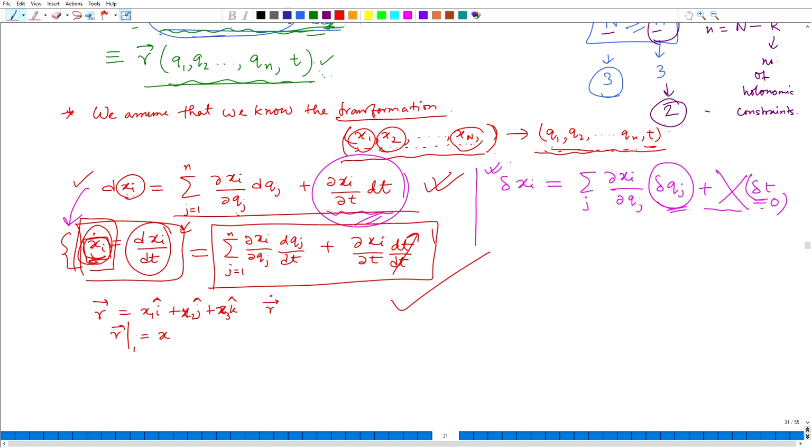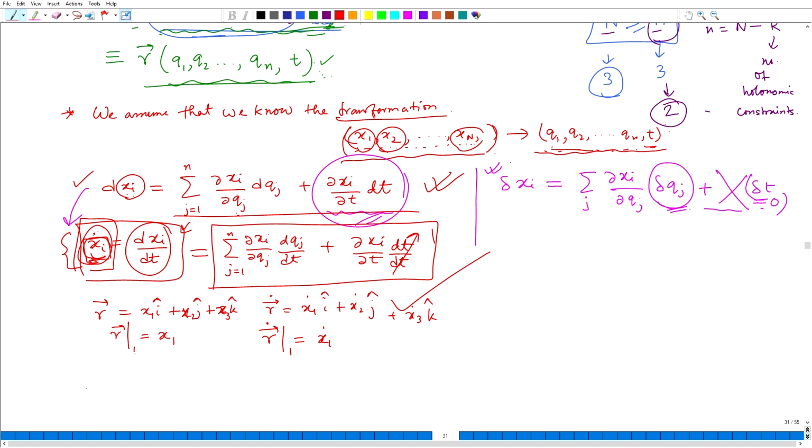The first component is x1, and that is why, while writing r dot, it will be x1 dot i cap plus x2 dot j cap plus x3 dot k cap, and the first component of r dot will be simply x1 dot.